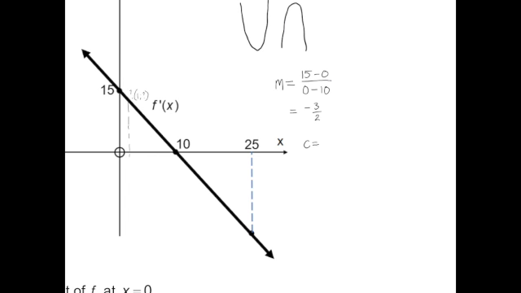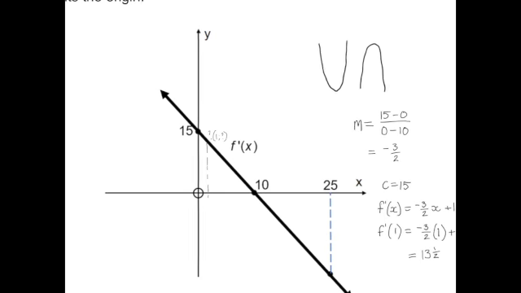And of course we know that our y-intercept is 15, so this equation, the derivative of f, is going to be negative 3 over 2 x plus 15. We want to know what the gradient would be when x equals 1, so we would substitute that in, and then we use a calculator, which gives us 13.5.